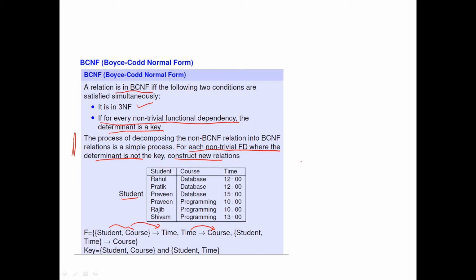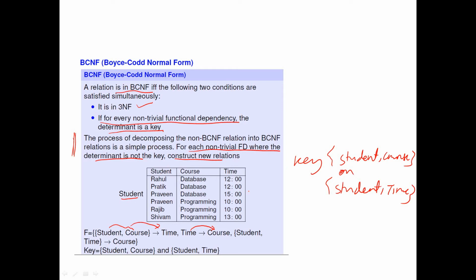I can find my key as either the student-course combination or the student-time combination. How many attributes are there in the table? 3. And I am finding two types of keys, either student-course or student-time, involving all 3 attributes. That means no non-key concept is available here.